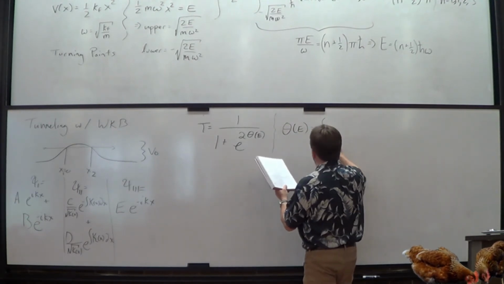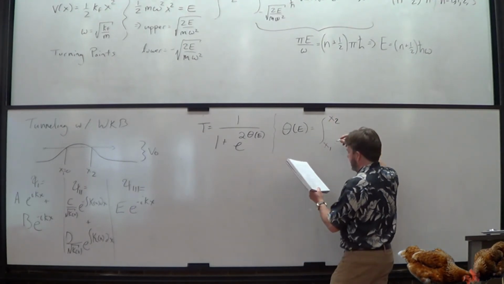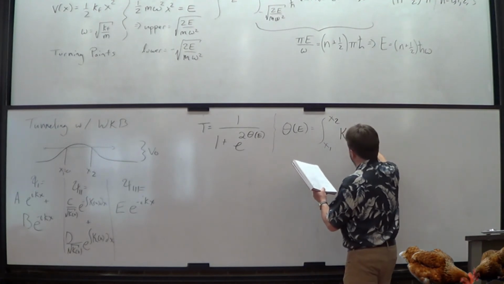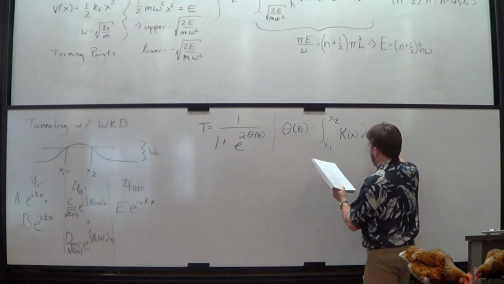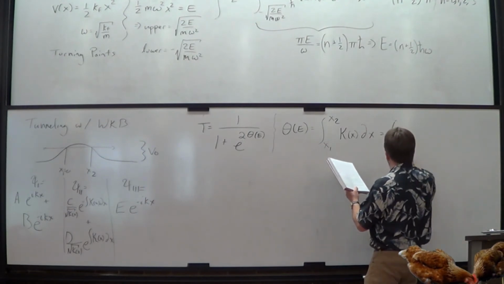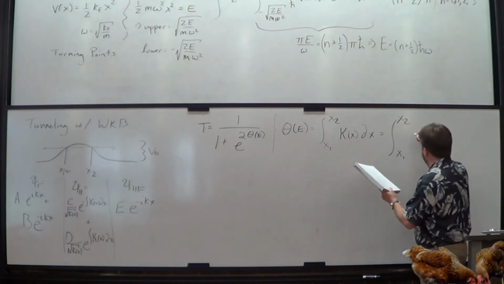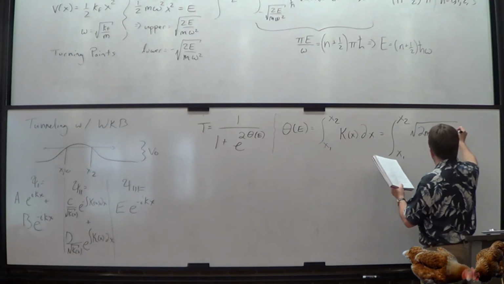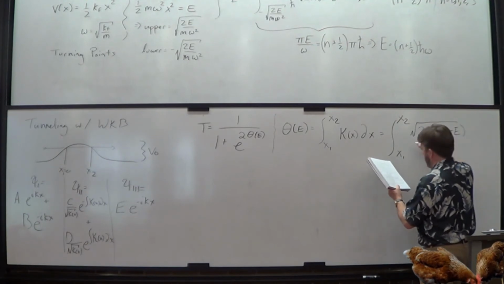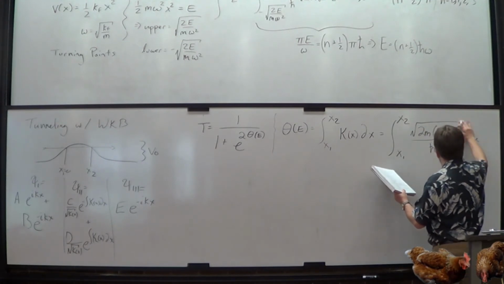I guess it's because maybe we're integrating kappa. And again, you can see how I use the limits. Remember, kappa is for when the wave is fully decaying. We normally would have a little i in it, but what we do to get rid of the i is note that E is less than V. So if I switch V and E as I've done just right here, then the i's cancel.